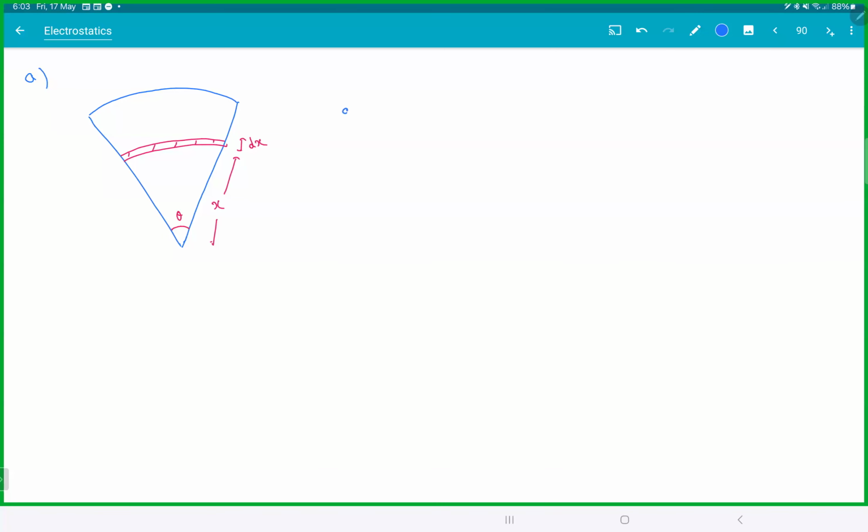So the charge on the arc is sigma times area, which is x theta, arc length, into thickness. So potential due to the arc will be kq, that is sigma x dx theta, divided by the distance x. The x will get cancelled. Sigma k theta dx.